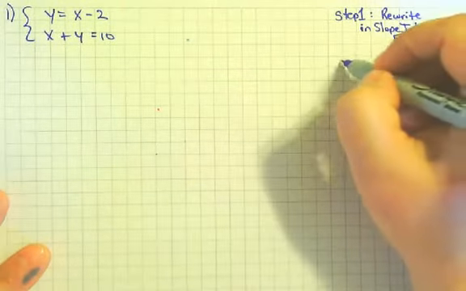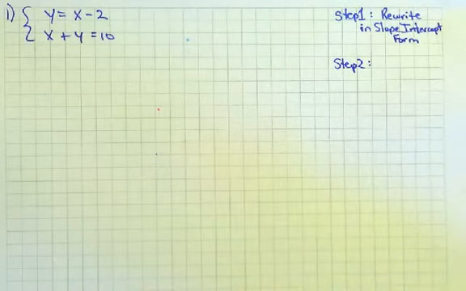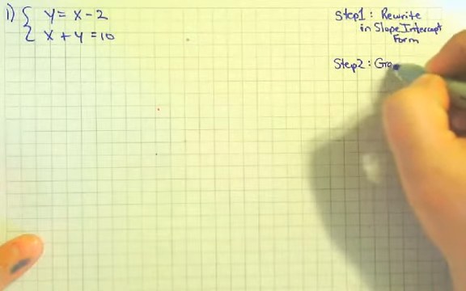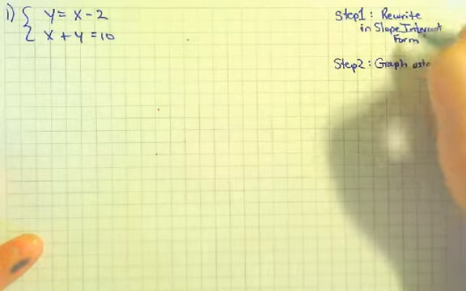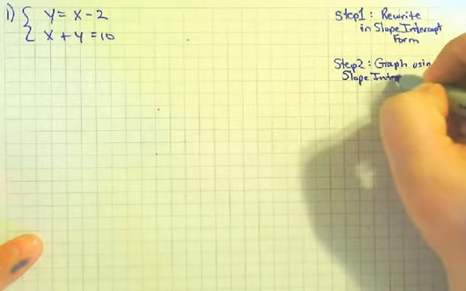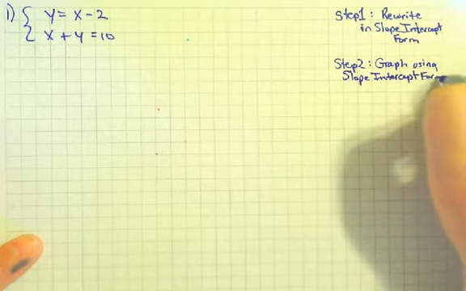The second step, step number 2, you're going to graph using the slope-intercept form.